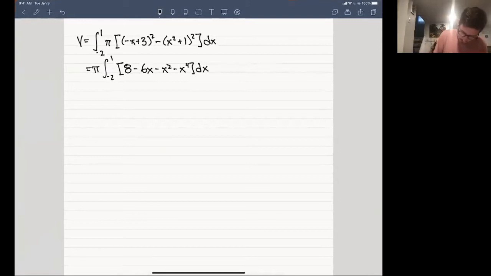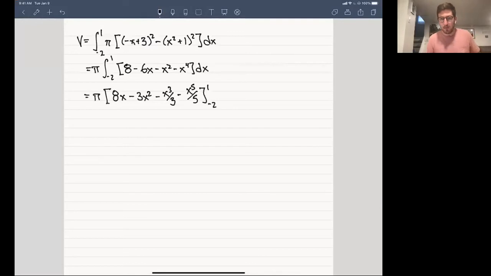And so in this case, the integration yields 8x minus 3x squared minus x cubed over 3 minus x to the 5 over 5. And this is running from -2 to +1. And so now I'll leave the algebra to you. Once you plug in these upper and lower bounds, you get 117 pi over 5.